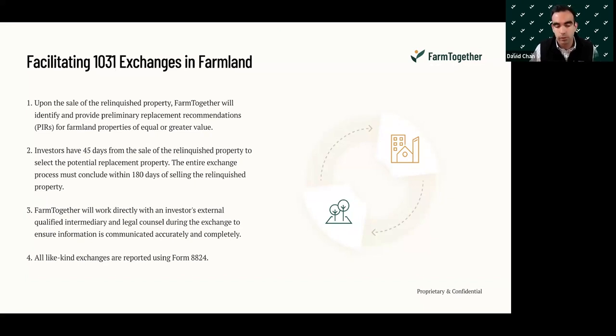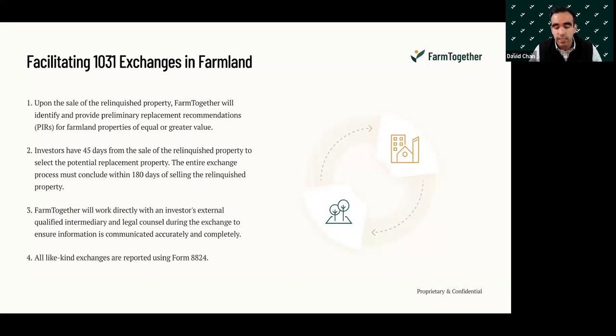So assuming you close your sale on, call it, January 1st, you would have 45 days from January 1st to identify up to 3 properties that you would potentially be looking to replace your sale proceeds with through the 1031 exchange program. Once that 45-day period has ended, you're locked into those replacement options. Those are the options you would need to move forward with if you wanted to complete your 1031 exchange.